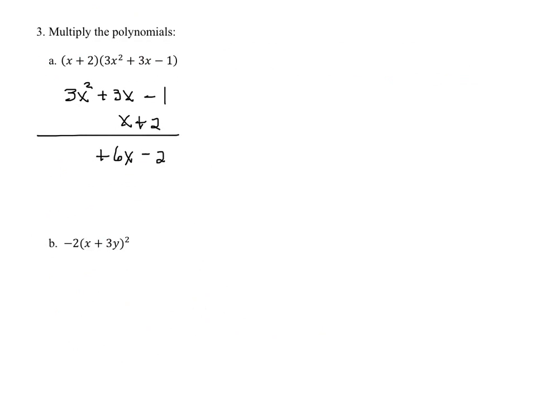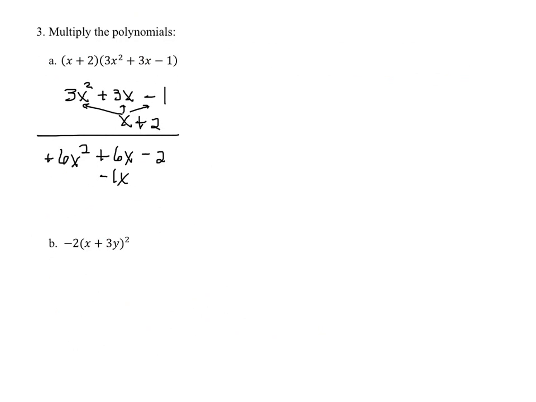2 times 3x squared is a positive 6x squared. Cool. Now we have to multiply the x through by everything. X times negative 1 is a negative 1x. Notice how I put it underneath the 6x because they're like terms.